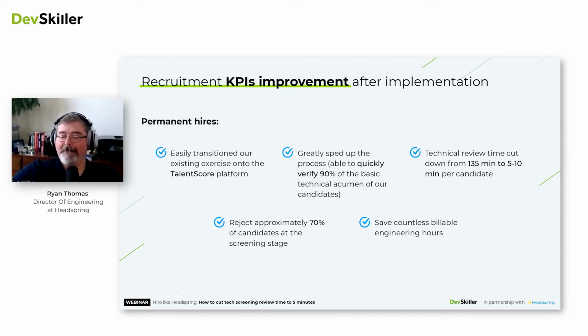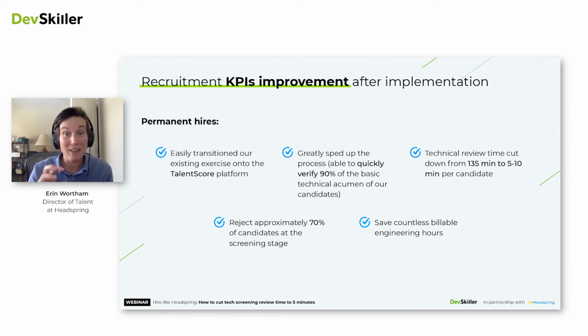You go ahead. Nice. Well, this slide, I think, really captures some of the key improvements that you spoke to, Ryan. So we might not hit on all of these, but looking at success after the implementation, we were able to easily transition to the DevSkiller platform. It made sure that what our engineers were used to was easily integrated into a slick new platform.